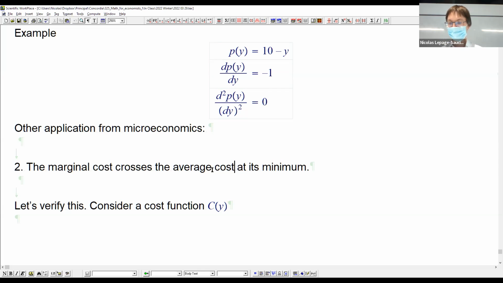Yes, Steve, perfect. So that's a starting point. So we know that the average cost AC equals C of y over y.